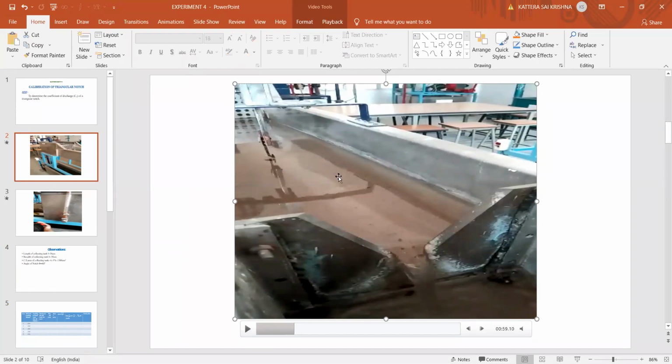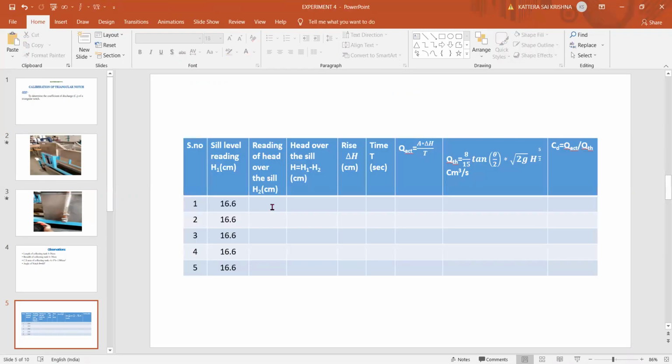That height again we need to calculate by using this knob. When it touches the top layer of the water flowing over, you will get your H2 value. In the first reading, when moving the knob, I am getting 14.3 after regulating the valve. So H1 is 16.6 and H2 after the water starts to flow over the notch is 14.3.